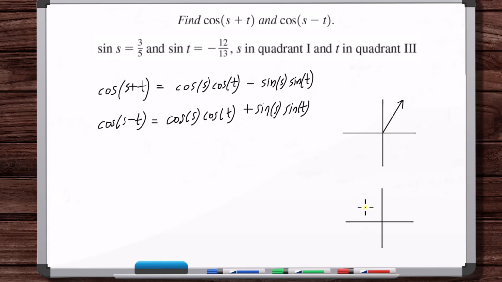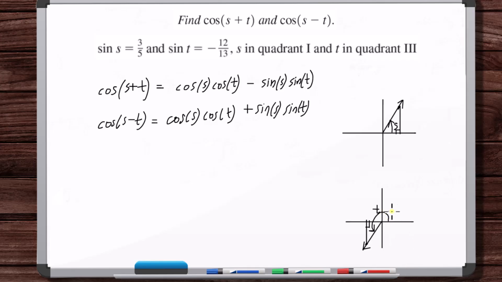And then T is in quadrant 3, so we'll draw another random terminal side there. This is S, this is T. By the definition of the trig functions, we make a triangle with the perpendicular on the horizontal.